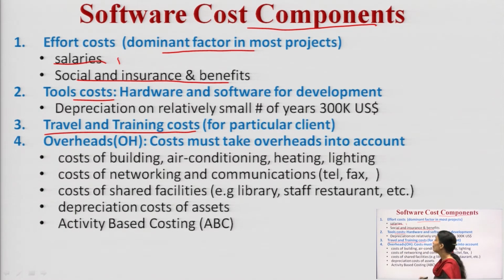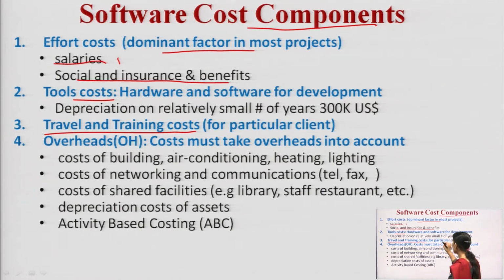When I am counting the entire software cost, I have to count these parameters: how much is my effort cost, how much is my tools cost, how much I will be spending on travel and training, how much will be overhead. That will give me the tentative cost of my software, and then I will add some profit for the organization, and that will give me the tentative view of the software cost, how it is being estimated.